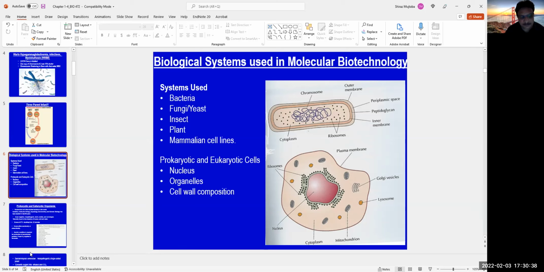Similarly, insects. Bacteria is a prokaryotic organism. Yeast or fungi are unicellular eukaryotes. And insects are multicellular organisms, and plants have chloroplast, chlorophyll, so they're a different part of the kingdom.